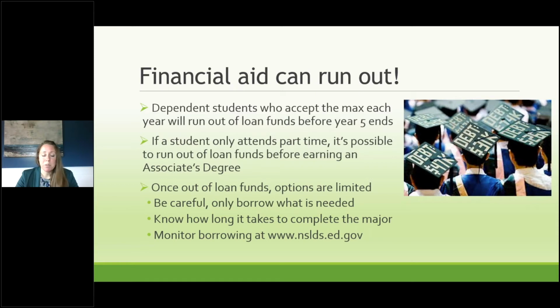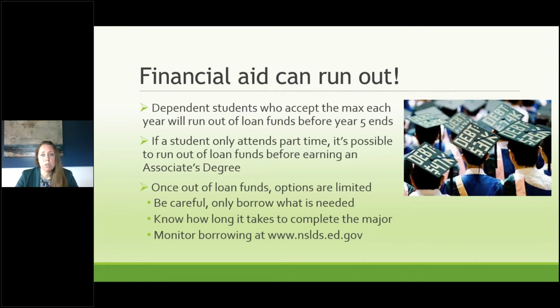Now remember that example there, that was with an independent student, where the max was $57,500. With dependent students, that maximum is $31,000, so even less than that. So dependent students who accept the maximum amount of student loans are going to run out before the end of year 5.